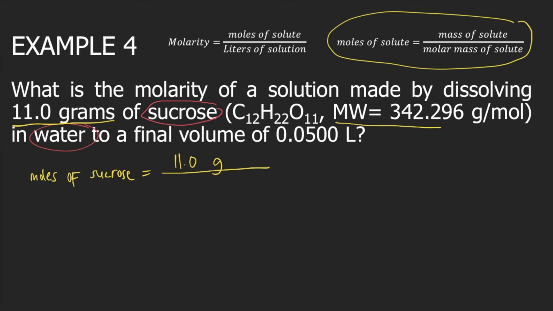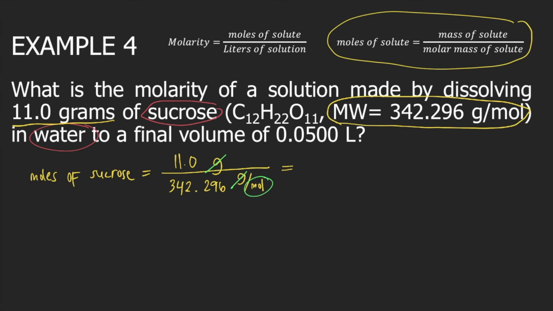We are given the molecular weight or the molar mass of sucrose, which is 342.296 grams per mole. If in case the molar mass or molecular weight is not given, you need to compute it on your own. So grams will cancel and the remaining unit is moles.